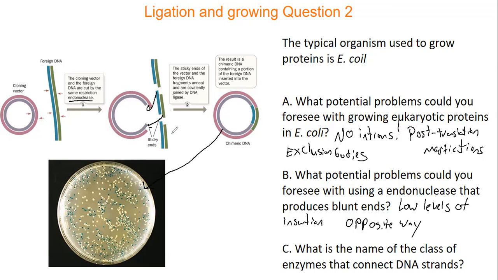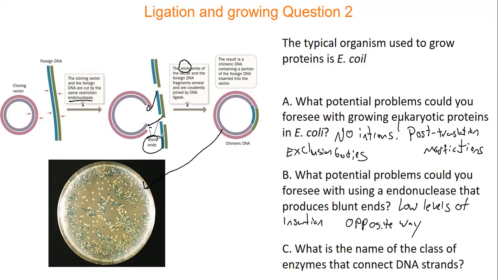So 50% of the time, it will insert the opposite way, and you'll make the wrong protein. So when you are inserting DNA, you really, really want to do sticky. Blunt would be your last resort. If for whatever reason it was not working, you could try a blunt end endonuclease. But you always, always, always, if you can do it, when inserting DNA, you want sticky ends.